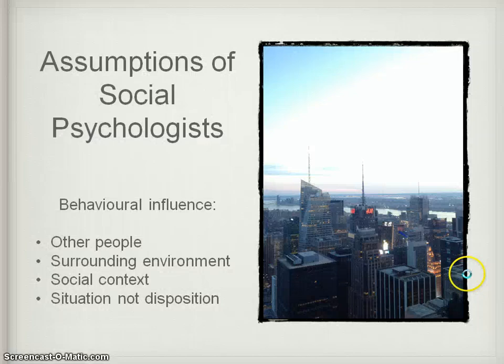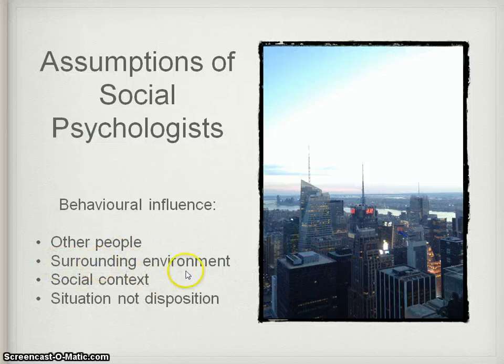Okay, so first of all, what are the assumptions of the social area? So social psychologists, there's a picture of New York. If you're looking down on a city and you're watching people mill about and go about their business, if you're a social psychologist, you're interested in how other people around us, how does our situation impact our behaviours?